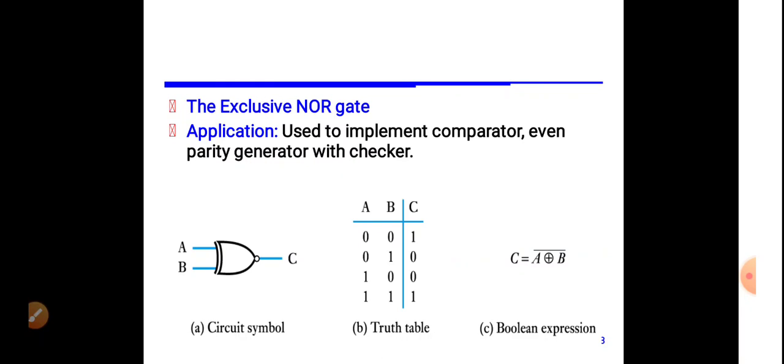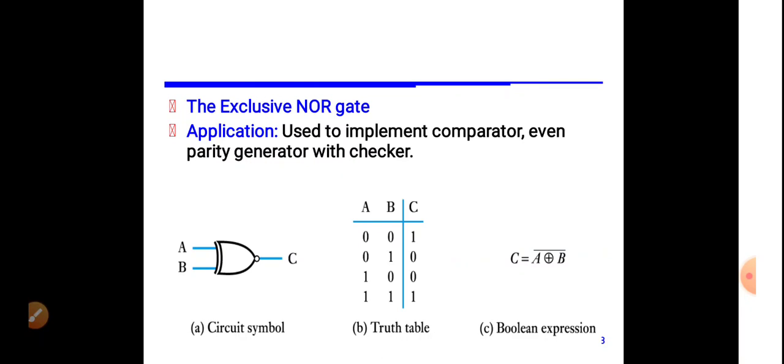The only difference is we'll be adding a NOT gate or a bubble at the output of an XOR gate. So the truth table will also be just the reverse of that of the XOR gate. Whenever both the inputs are the same, the output is 1. Whenever both the inputs are different, the output is equivalent to 0.